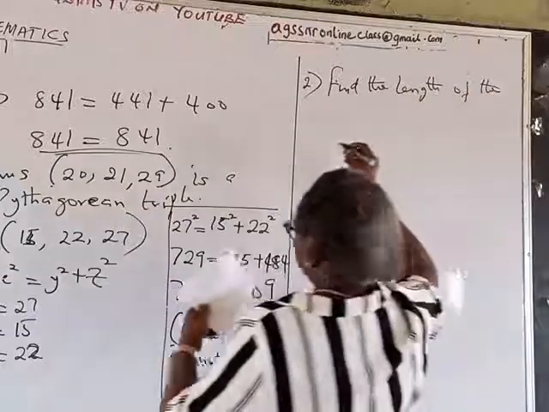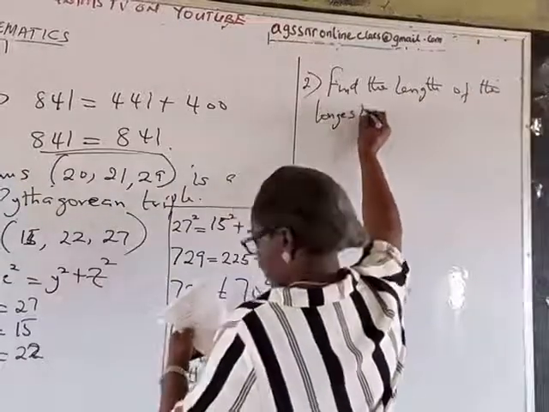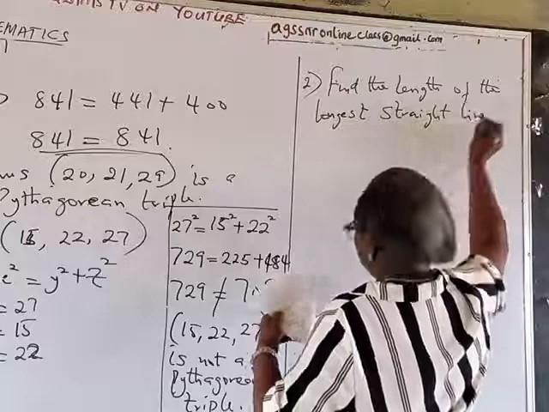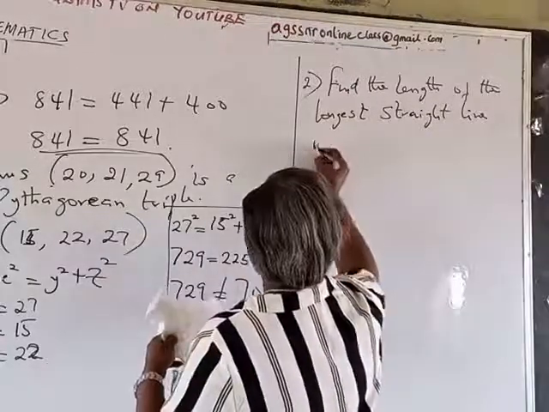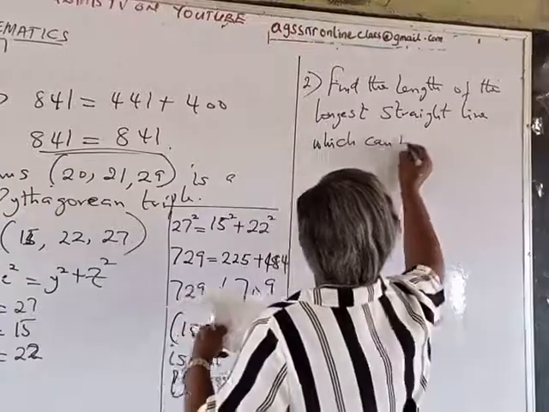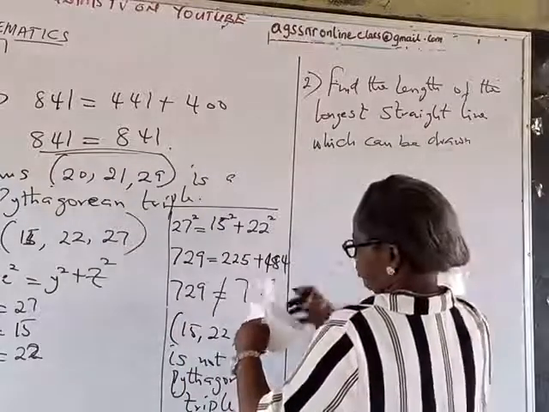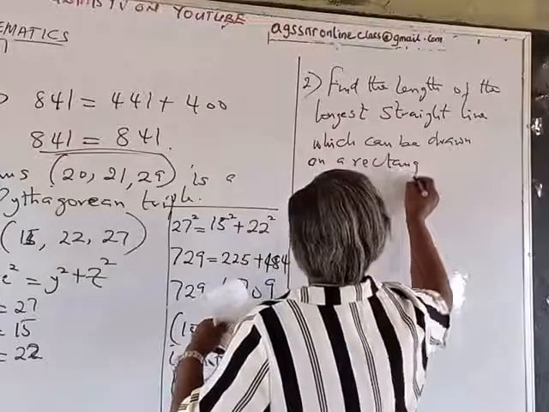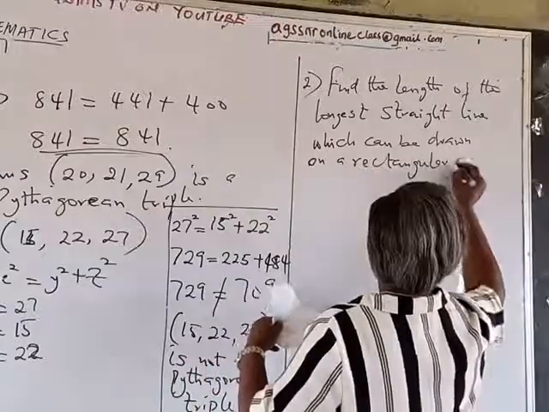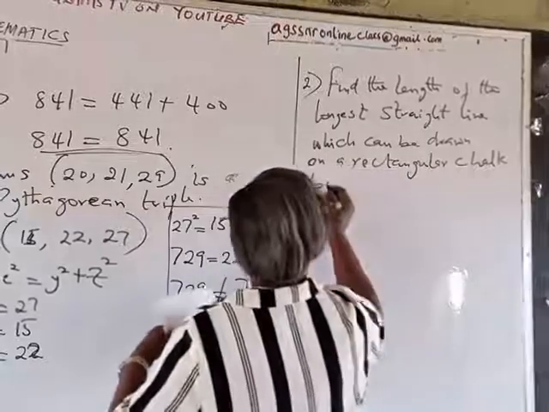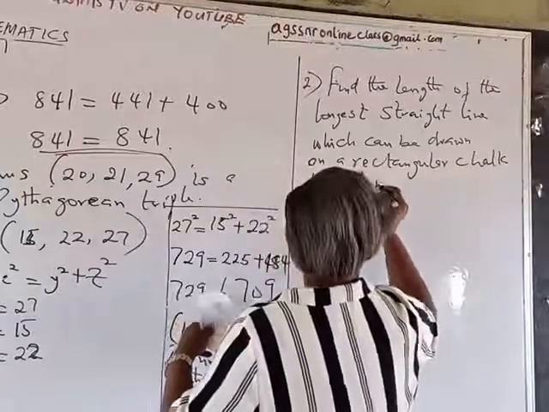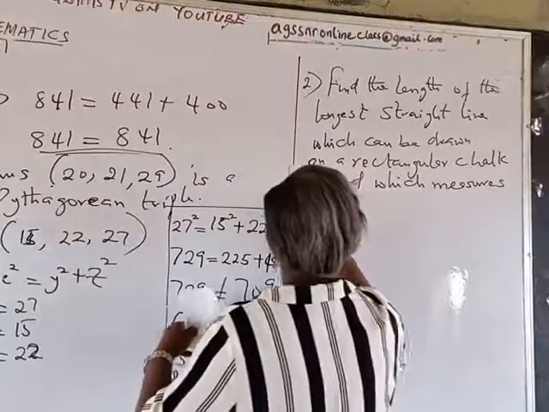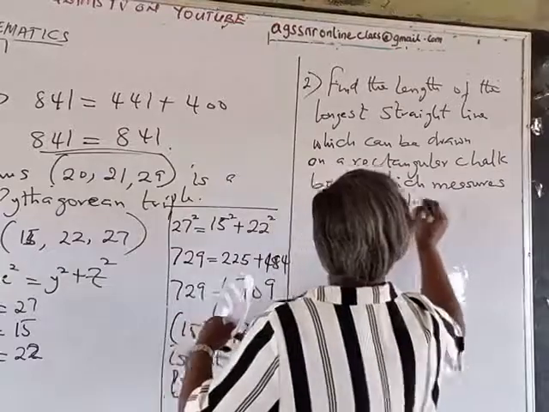Find the length of the longest straight line which can be drawn on a rectangular chalkboard, which measures 2.2 meter by 1.2 meter.